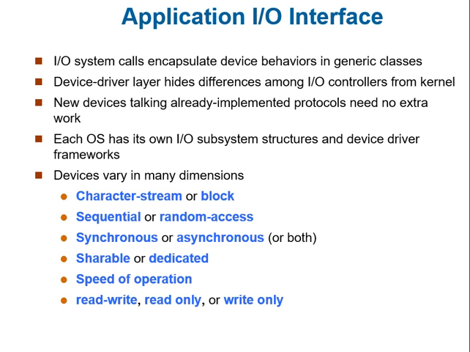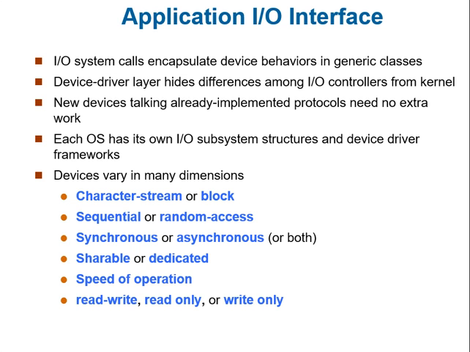So what are the differences from one OS to another? Most of the time, devices will vary in these dimensions. First, character stream or block. With a character stream, the device transfers bytes one by one, whereas a block device transfers a block of bytes as a unit. Some OS use stream, some OS use block base.